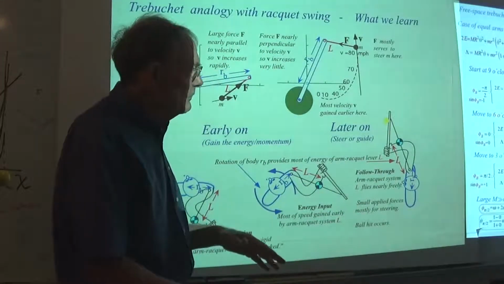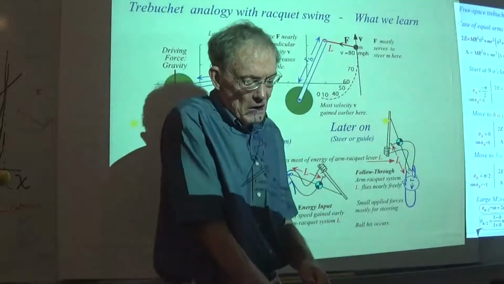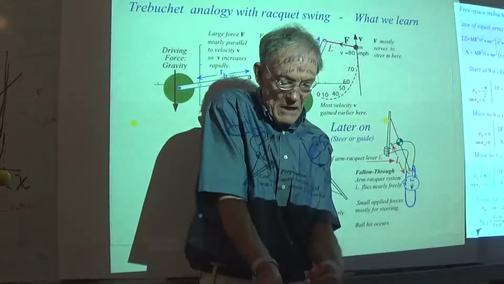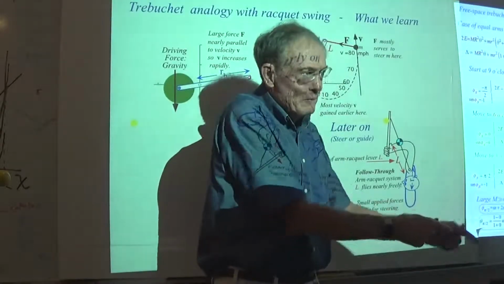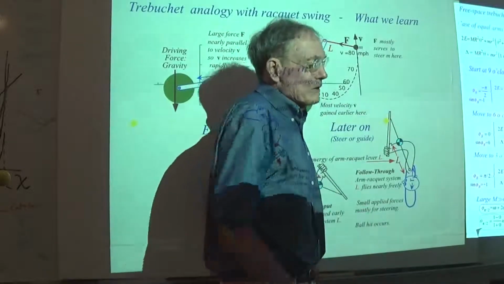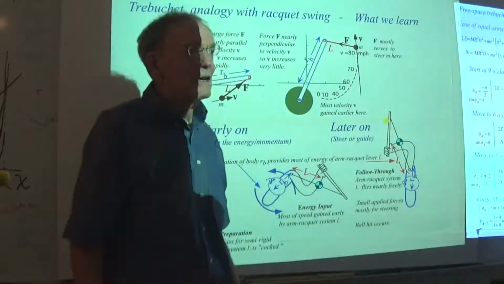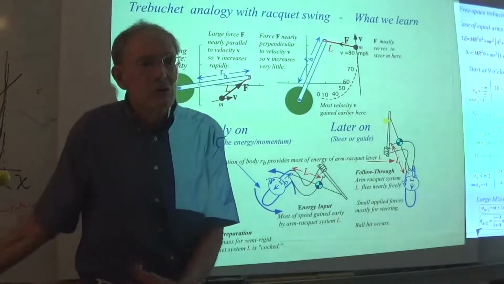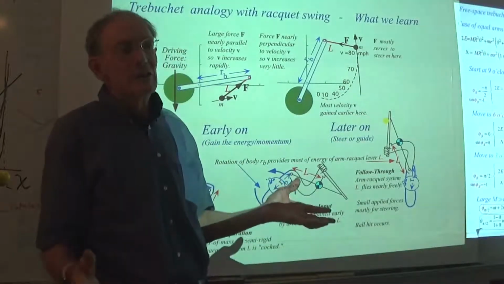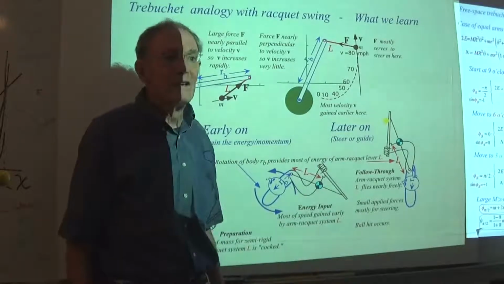And in fact, you play a mind game where you imagine that you're going to hit the tennis ball with the butt of the racket. You're literally going to put the butt of the racket on the ball. And you do that, but you get a little bit above it, and the racket comes through at a great speed with very little effort. You're doing effort over a long period of time and distance. It doesn't take much force, you see.